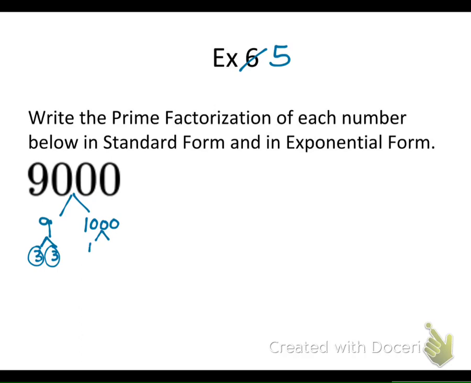So I can do 10 times 100. Good. Okay. Can I factor 10? What kind of number is 10? Is it composite or prime? Composite. So yeah, I can factor it. What times what? 2 and 5. Those numbers are both prime, so I'm going to circle them.